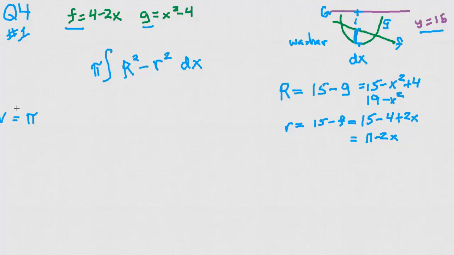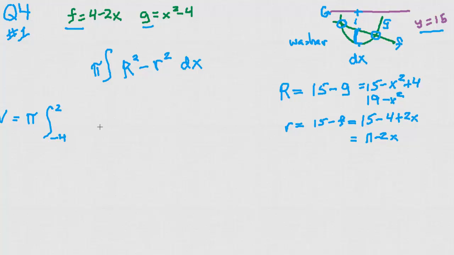Our volume is going to be the integral. Since I'm using dx, I'll use the x value of the first intercept and the x value of the second intercept. From the graph given on the quiz itself, we were able to see that that would be negative 4 to 2.